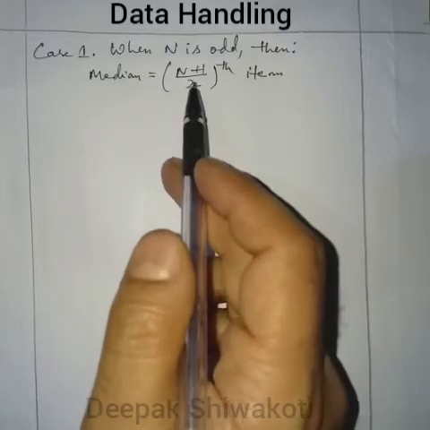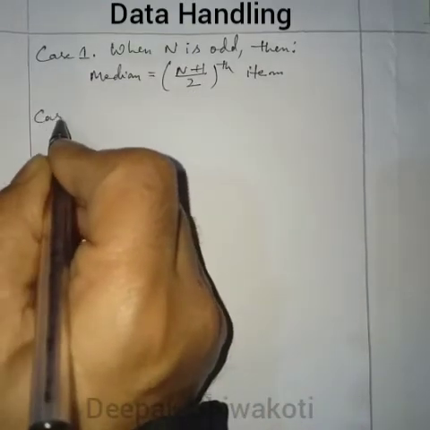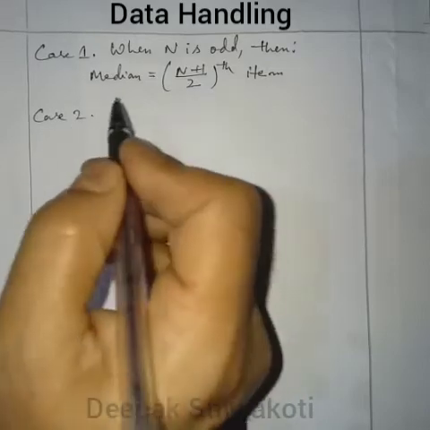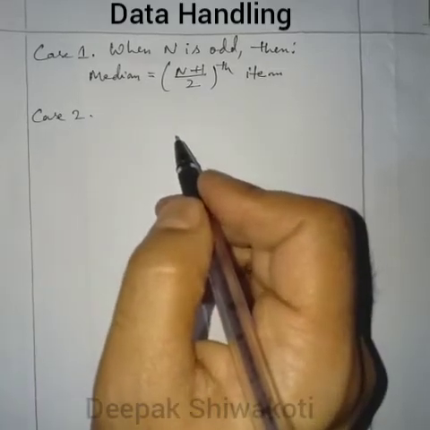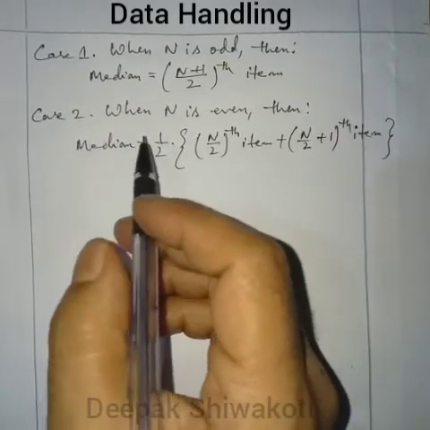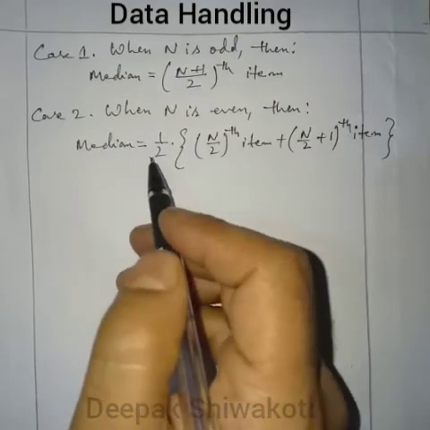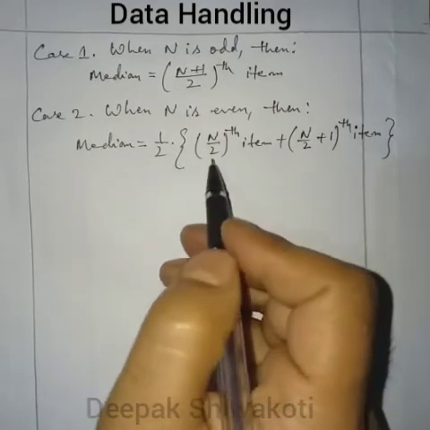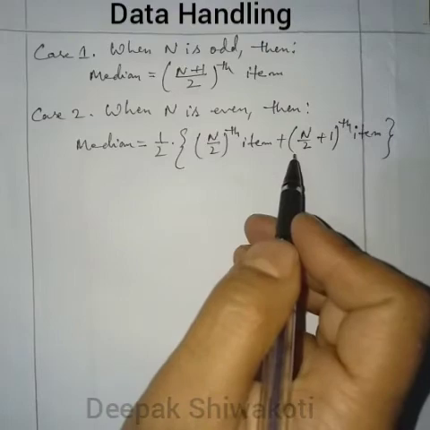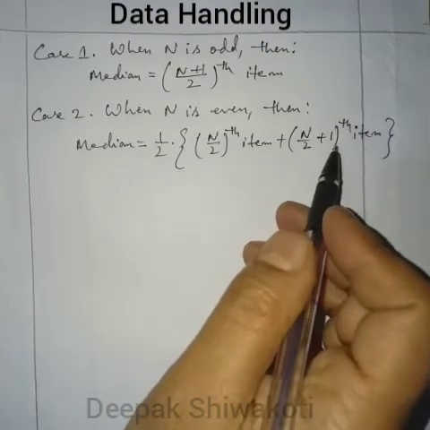Now case number 2, when n is even, the median is equal to half of the (n by 2)th item plus the (n by 2 plus 1)th item.